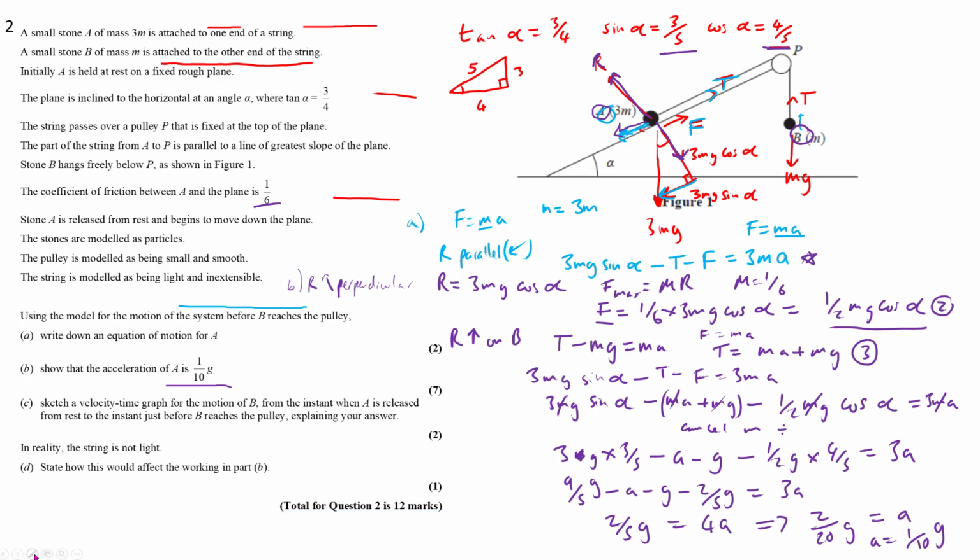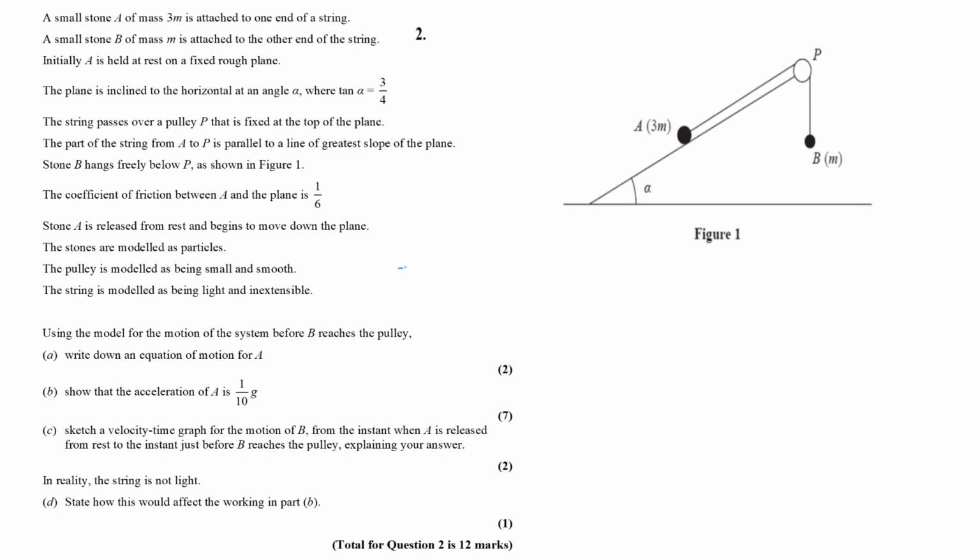So part C says sketch a velocity time graph of the motion of B from the instant when A is released from rest to the instant just before B reaches the pulley, explaining your answer. How we do this would be, that's V, that's T, and it says B just before it hits the pulley.